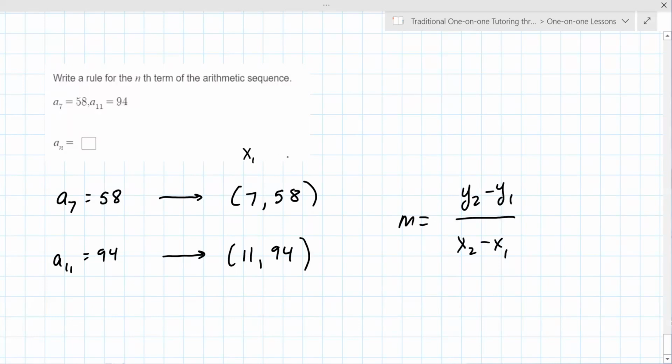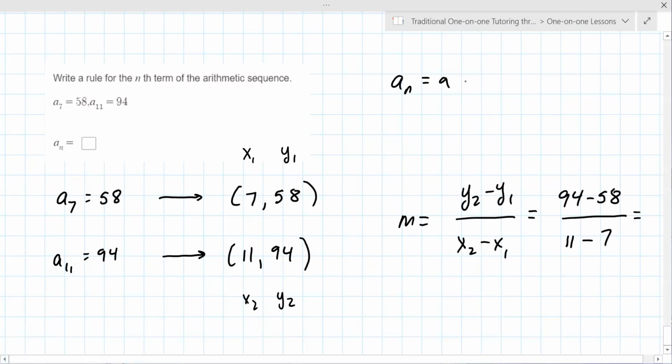So this is x1, this is y1, x2, and this is y2. 94 minus 58 over 11 minus 7. Now, could you calculate that for me, please? 36 and 4. Okay, so give me the final number here when you divide.